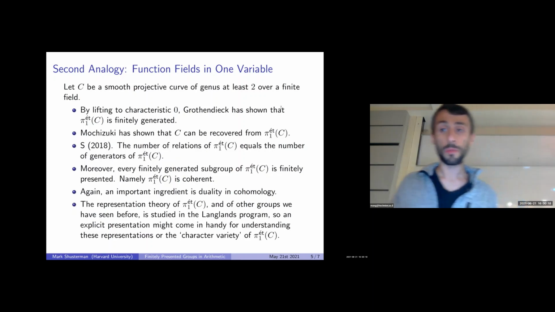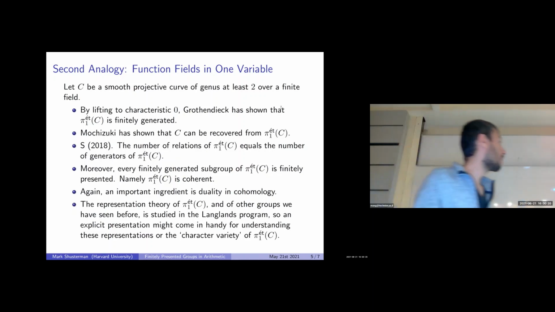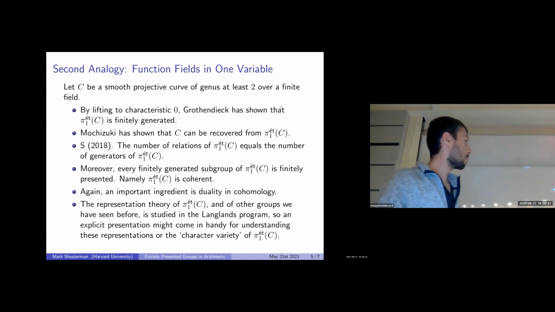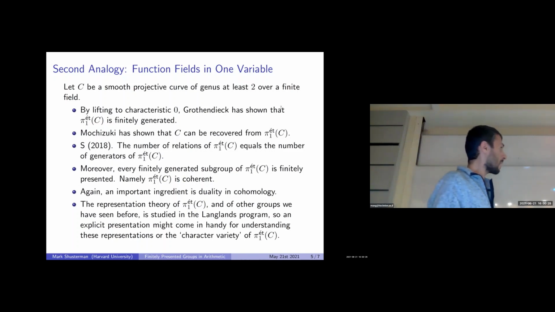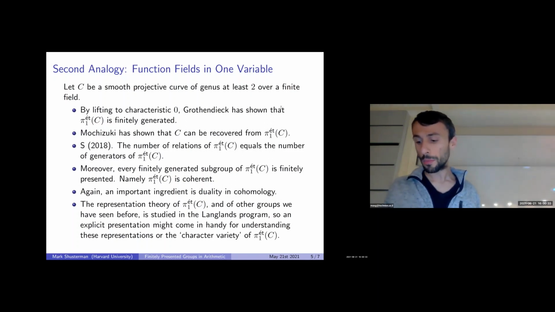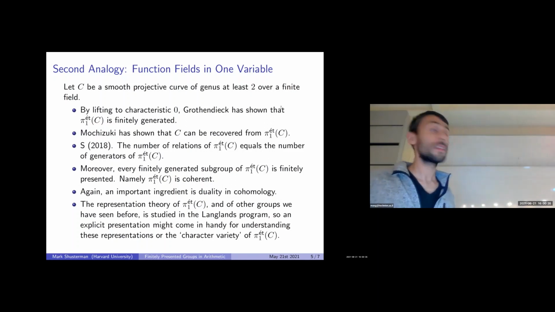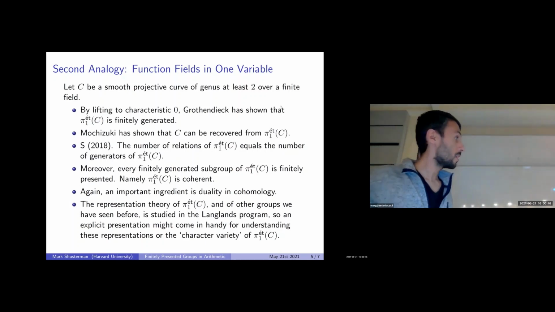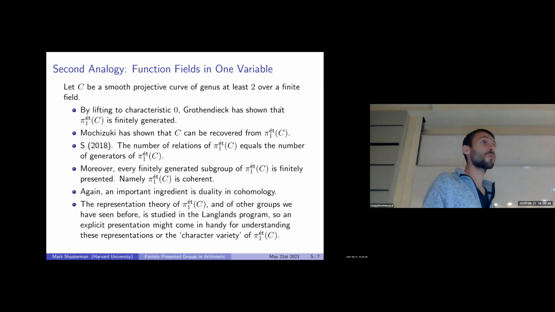And so some of the motivation for caring about why these groups are finitely presented, so why do we care about that so much? Some reason again originates from the study of fundamental groups. In topology, sometimes you're interested in the representations of this group, and you can construct a certain character variety or representation variety. And for that, it's tremendously helpful to have a presentation for the group.